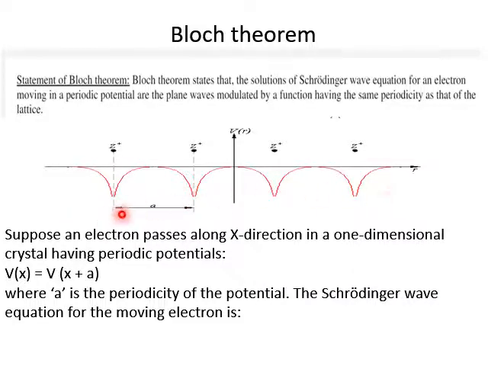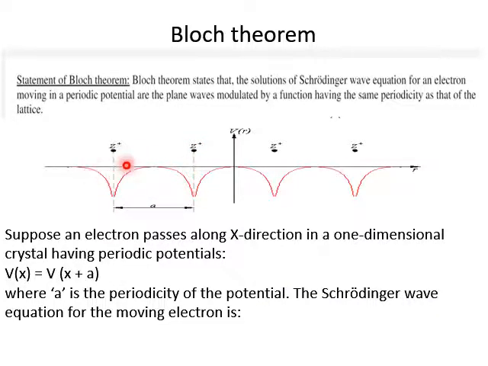We assume the distance between these two potential wells is a. When the electron moves from this well to the next, it covers a distance a, so the next position is x plus a.